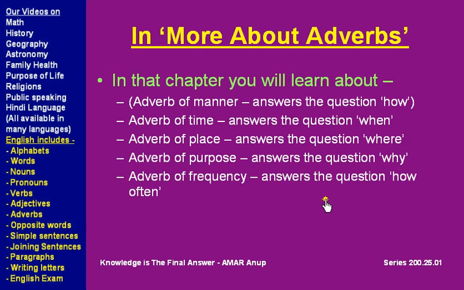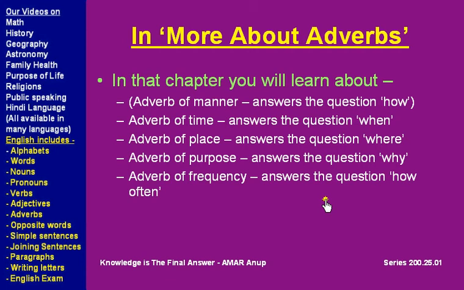Now briefly, let's see what all these adverbs are. We will talk about adverb of time, place, purpose, and frequency in detail in the next chapter when we talk more about adverbs. But in this chapter we will talk about adverb of manner, and adverb of manner answers the question how an action took place.